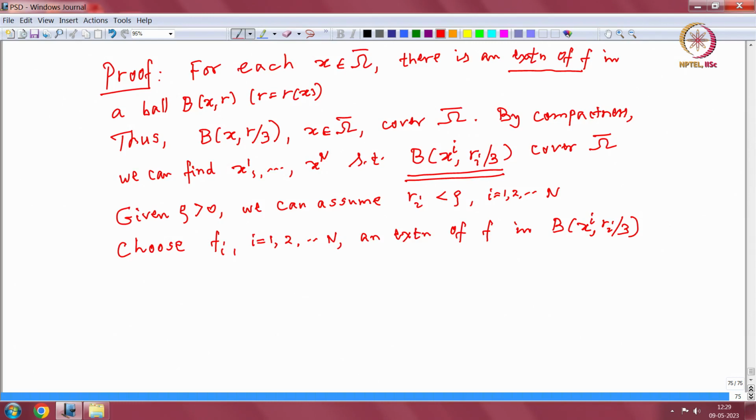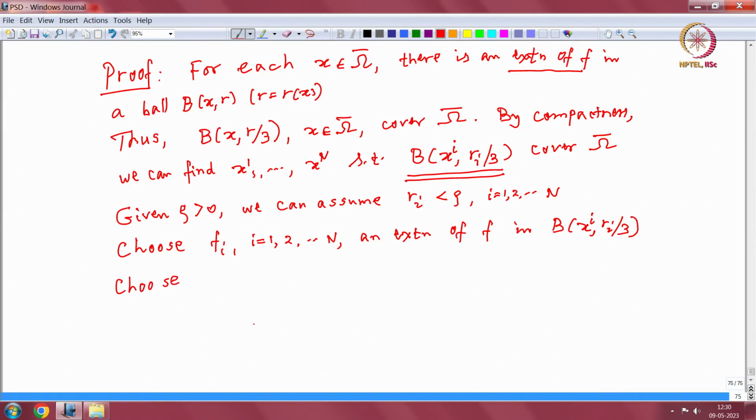That is an important technique, so let me just do it once. You want to somehow sum all these fi and get the extension, that is the idea.